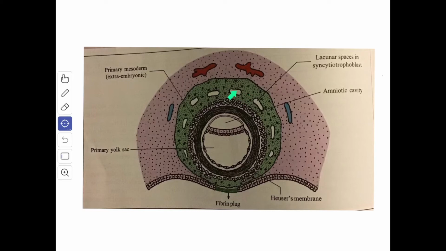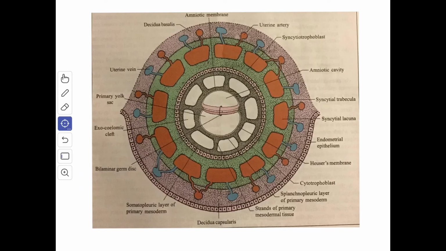So this is one lacuna, this is the other lacuna, and this is the trabeculae. Meanwhile, the endometrial stroma becomes edematous and the maternal capillaries are congested and dilated. In this image, you can see these are the lacunar spaces.